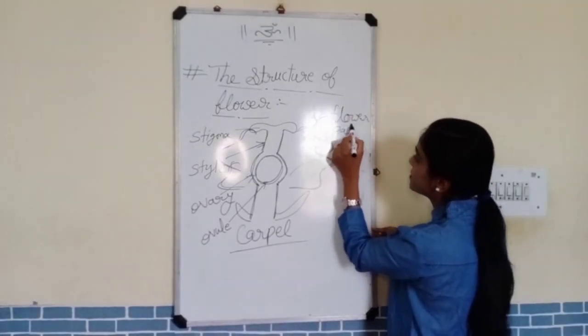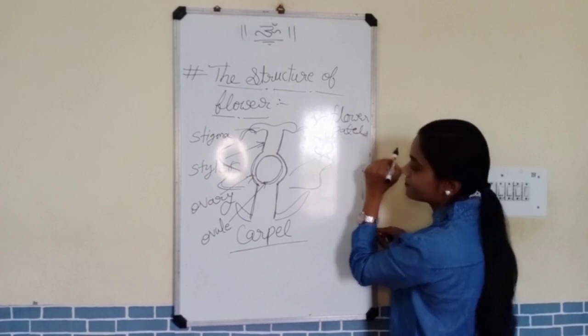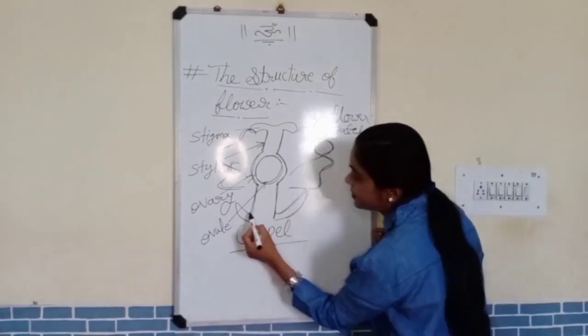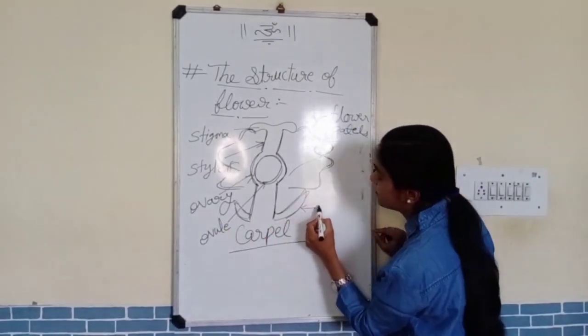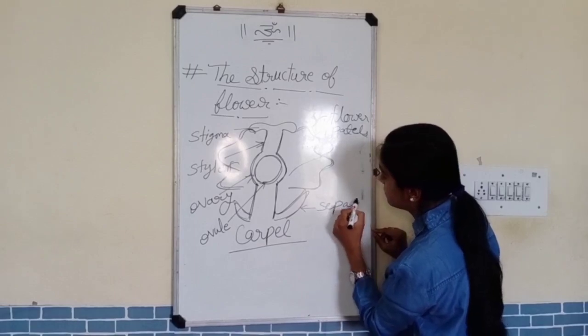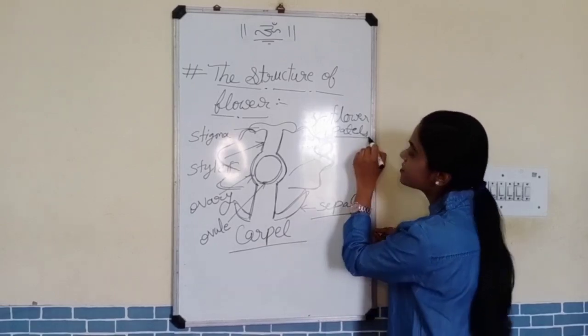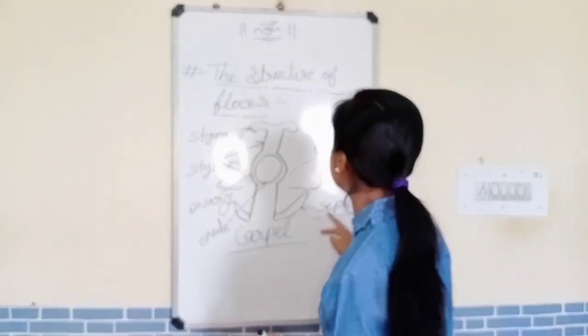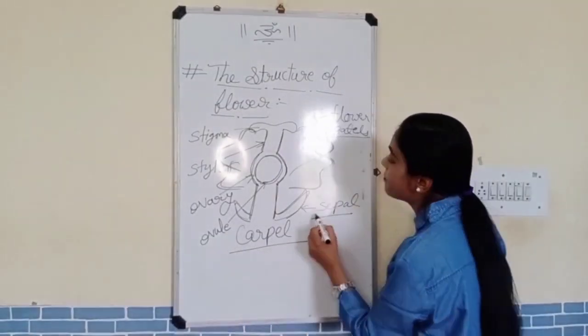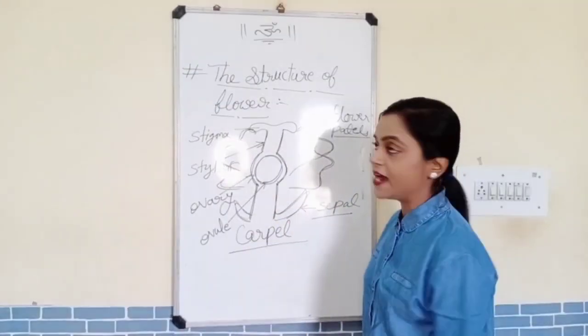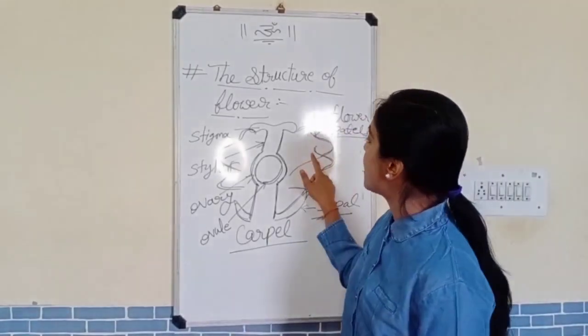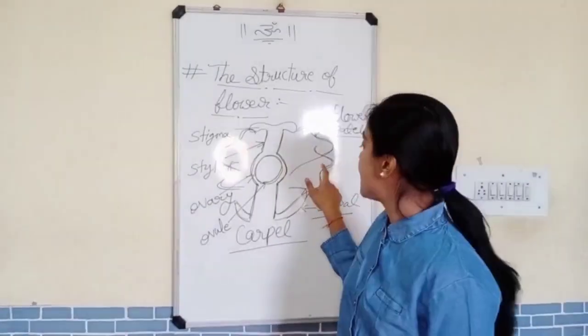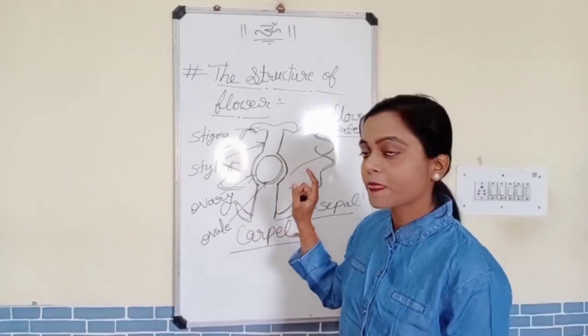And these are sepal. There is one difference between these two things. The sepals are the green leaves of the plant and the petals are the colorful petals of the flower. Okay?